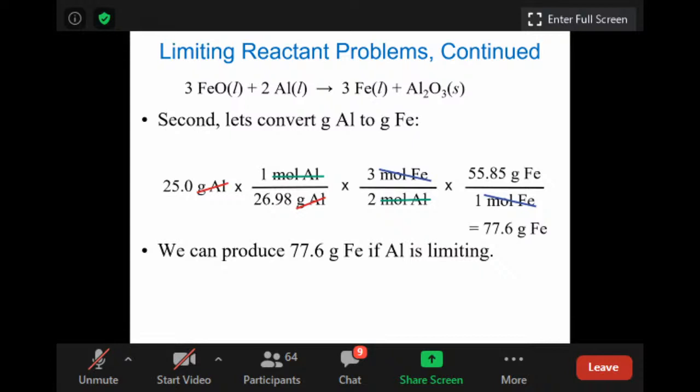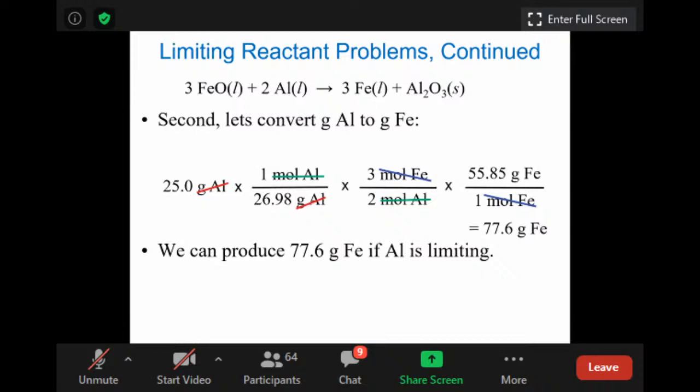All right? So you see here, the FeO and alumina are in the business of making Fe. The goal is to make Fe. But look at the starting material. They both got the same starting material. In this case, it's not always the case. FeO is 25.0 grams. Alumina is also 25.0 grams. 25.0 grams of FeO and 25.0 grams of alumina.